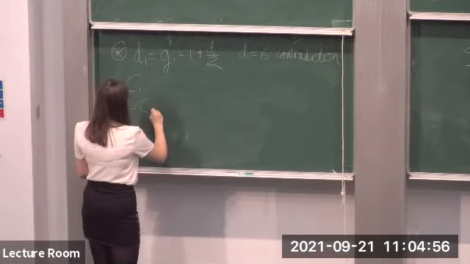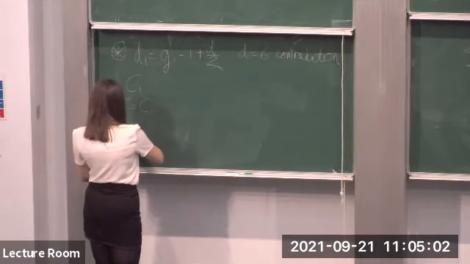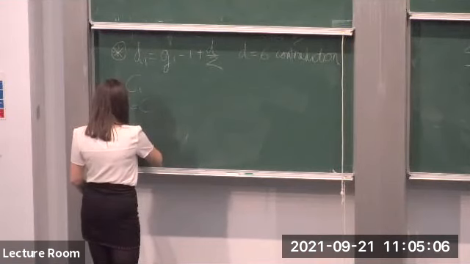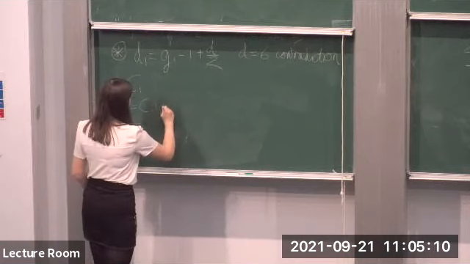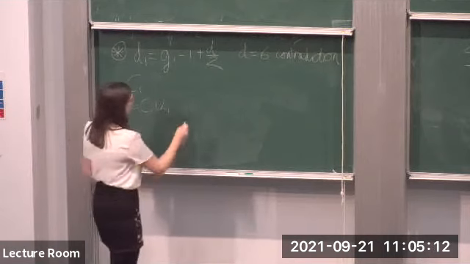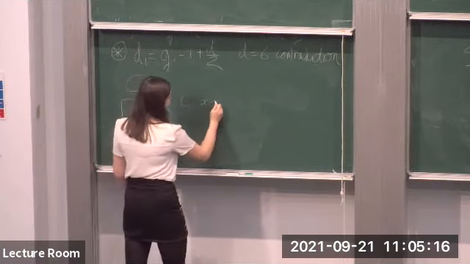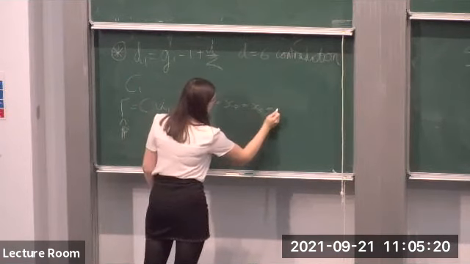So gamma is going to be a curve in P4, which is equal to C1 union L1. So L1 is going to be the line in P4 defined by x1 equals x2 equals x3 equals 0.